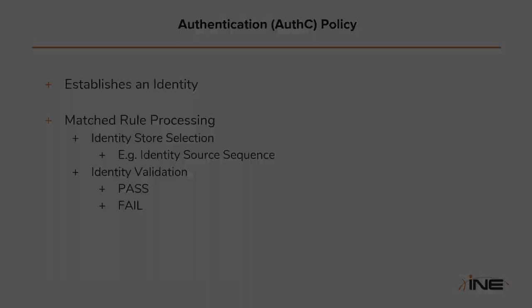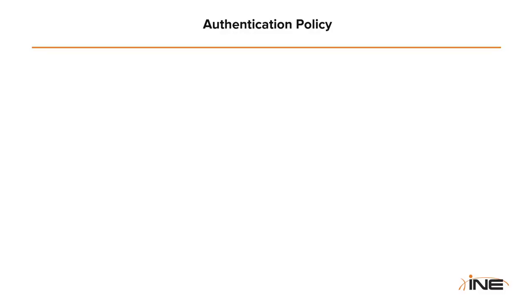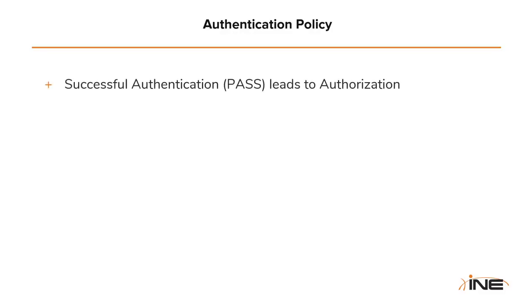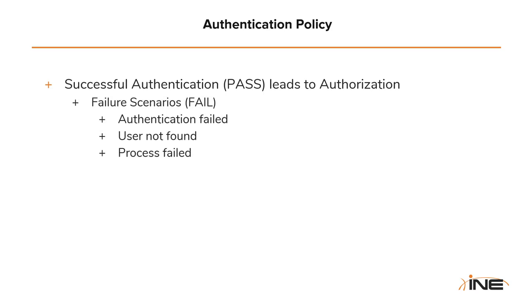What is going to happen next after authentication? If authentication was successful, we will finally get to the authorization policy. If authentication failed, it could happen because of 3 reasons. Well, either credentials were wrong, or maybe the user entry was not found in the database, or we had a communication problem and the entire process failed.